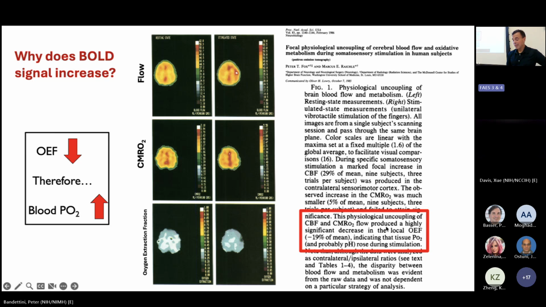And he found that with activation, the extraction fraction went down by about 20%, which means that the blood oxygenation should go up. So that was a really, really valuable paper. This was fundamental for getting any of the papers out, to have at least some mechanism that would explain this.